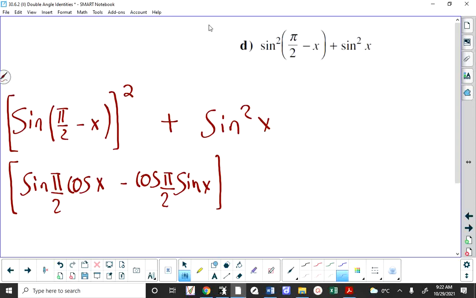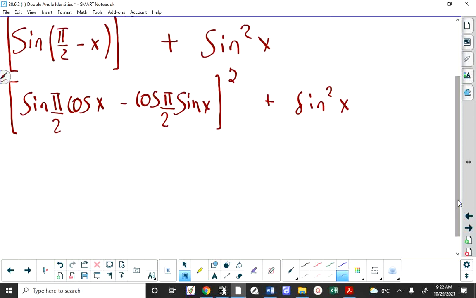So now, I don't forget, I'm going to be squaring this. I'm just a little curious, how many of you see that I believe this is going to work out to 1? Some of you see that already. What's going to happen inside here is sine of pi over 2 is equal to 1, and then we have the cosine of x.